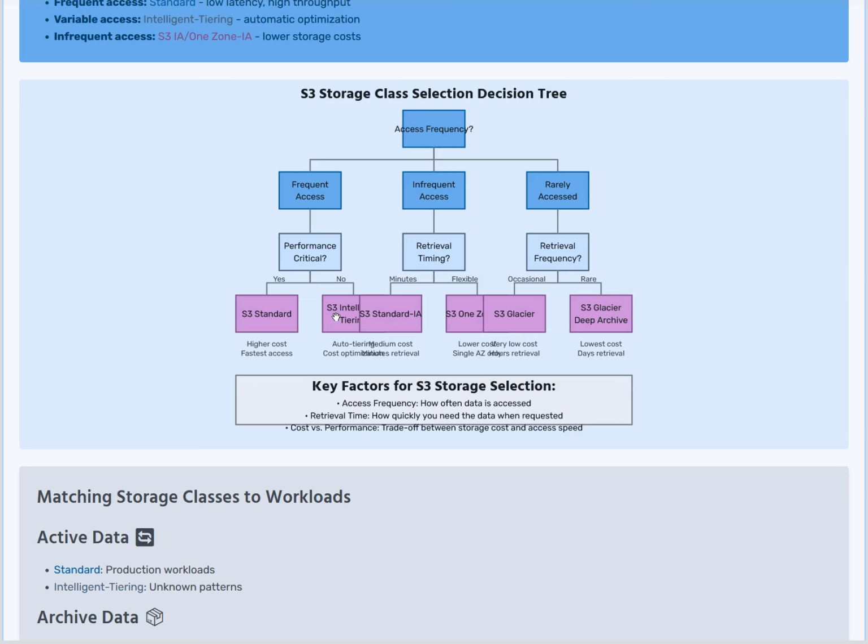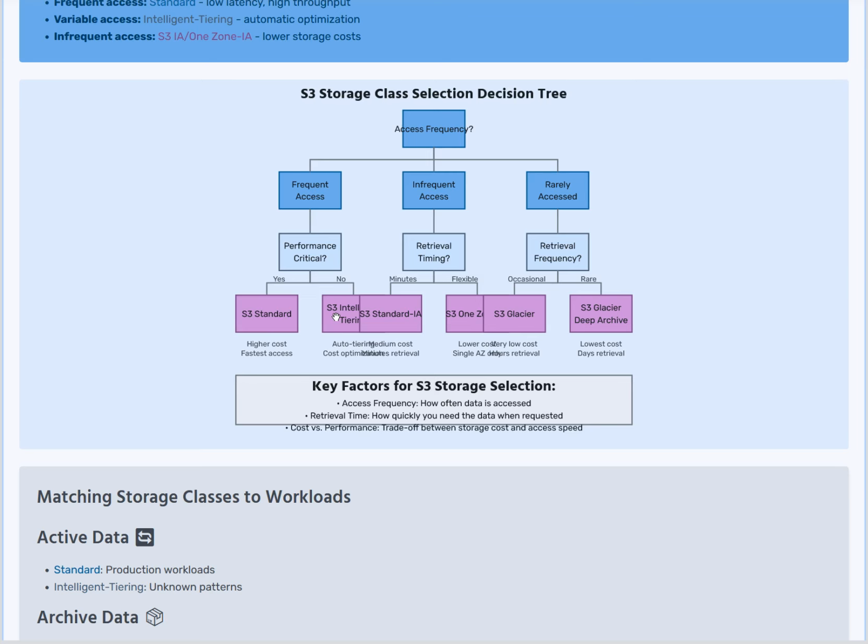If the retrieval timing is flexible, then you can go to S3 One Zone-IA. It is lower cost, and the only catch is that it is a single availability zone.